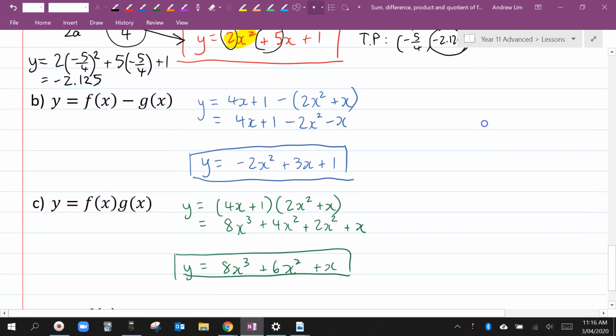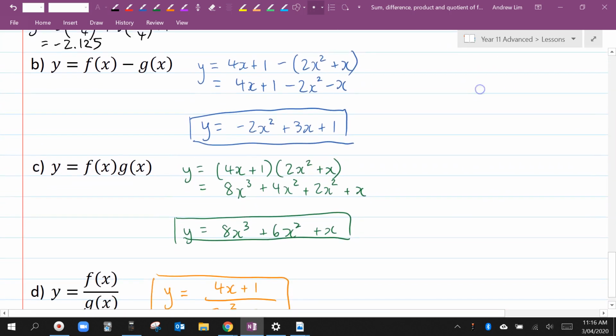Okay, let's have a look at B. Again, the leading term is minus 2x squared, which has a coefficient of negative 2, which means it's going to be a parabola, but it's going to be concave down. We just need to know what the turning point is, and what the y value of the turning point is. So we know the domain is from negative infinity to infinity.